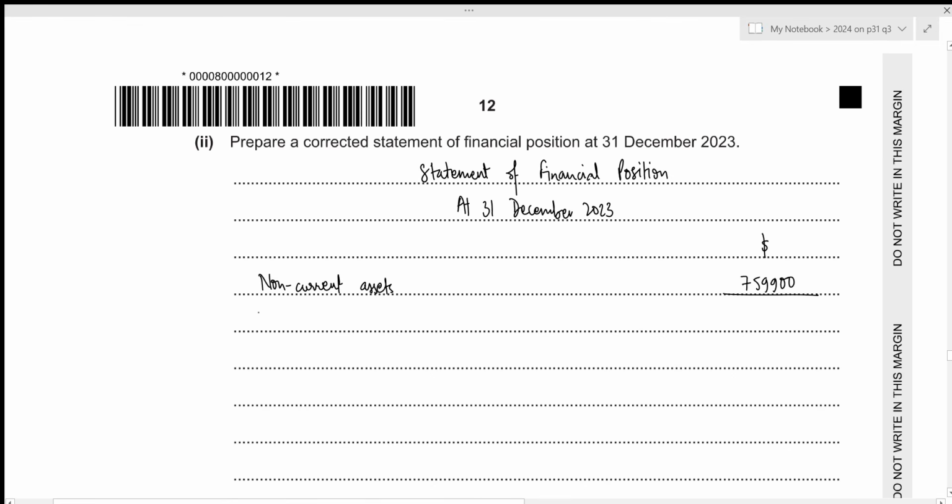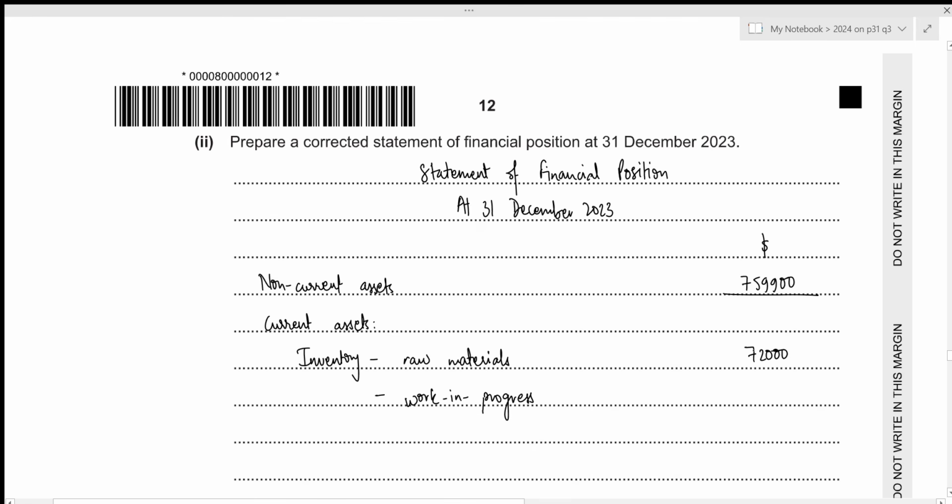Now for the current assets, we first have inventory, and we have three different values. Raw materials, we did not change the raw materials value, so we can still include it at 72,000. Then we have the work in progress. Previously the value was 9,800, but then it was understated by 2,000.